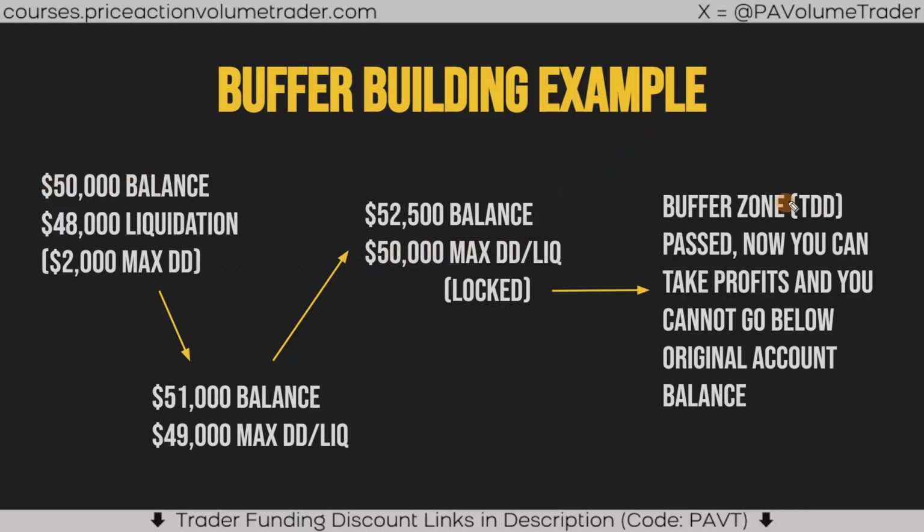Then the buffer zone, which again is equal to the trailing drawdown, in this case a $2,000 trailing drawdown. Once the buffer zone is passed, you can start taking profits, but you cannot go below the original account balance, because like I said, it is now locked in as your liquidation price, where your account started.